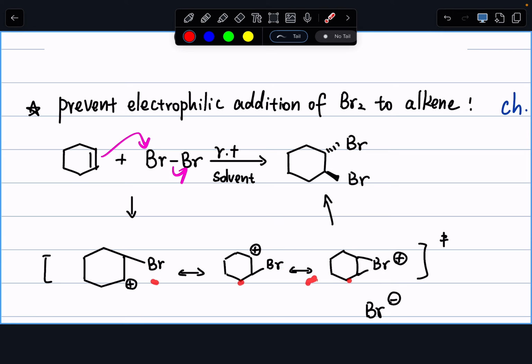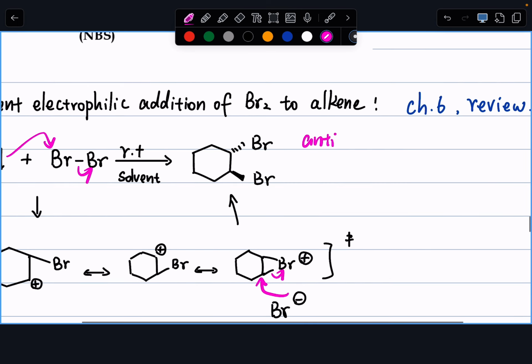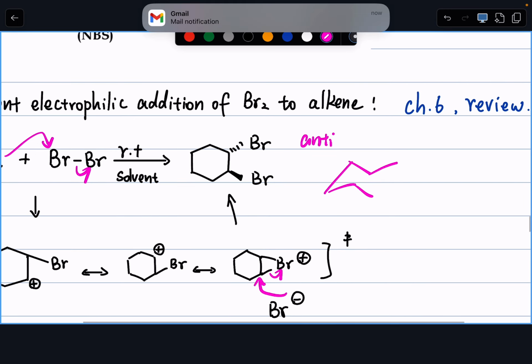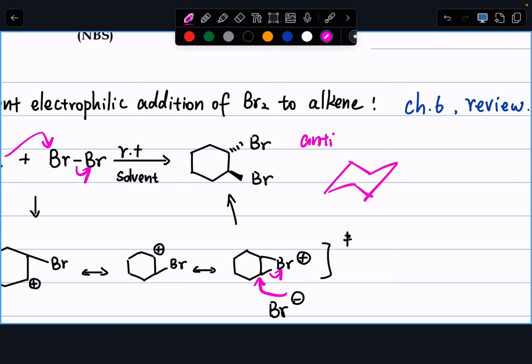You have 3 resonance structures, and then another Br minus will come in and form the new dibromo substituted cyclohexane with anti-selectivity. And if you draw out that anti-selectivity, you can also link this to the chair conformation we discussed. We want to be anti-stereospecific, so my 2 Br groups will be on opposite faces. So when I draw it, the more stable conformation will be this one.